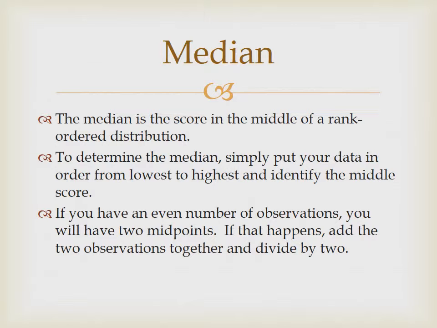They find the middle score without first putting the data in order. If you have an even number of observations, you're going to have 2 numbers in the middle. If that happens, you can just add the 2 numbers together and divide by 2. Essentially, you're finding the mean of your 2 middle scores, if that makes sense.